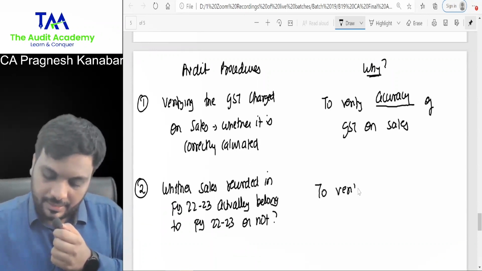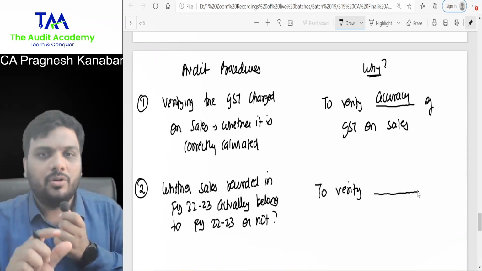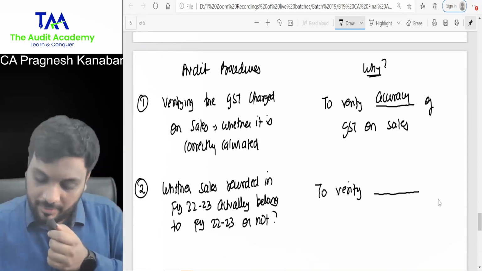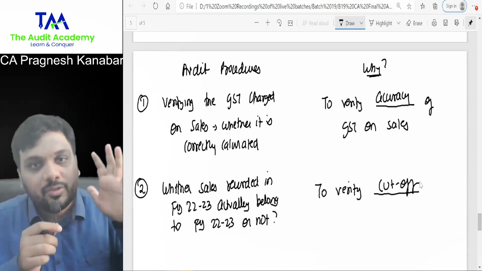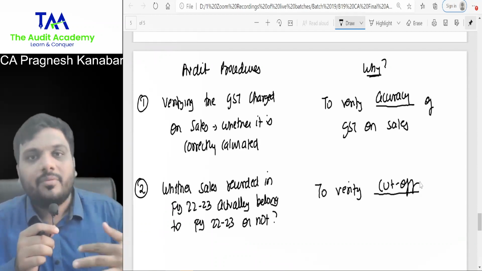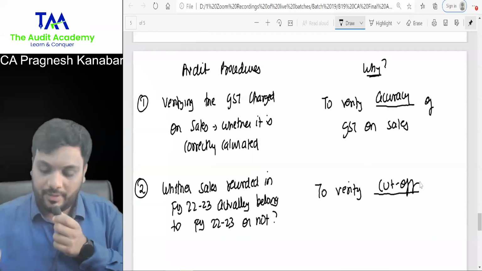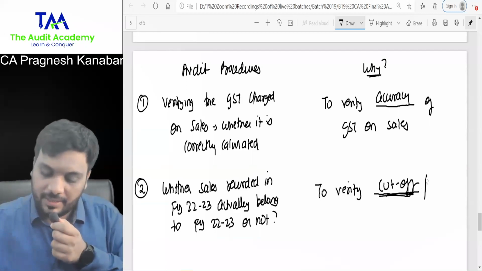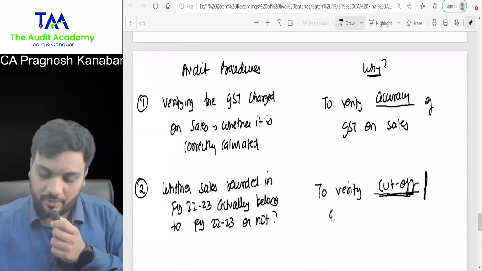Then I'm trying to verify cutoff. For students who don't remember this, it's okay. I'm going to explain. But as of now, I'm just doing an exercise. Cutoff means whether things have been recorded in the correct accounting period or not. Cutoff on the sales.